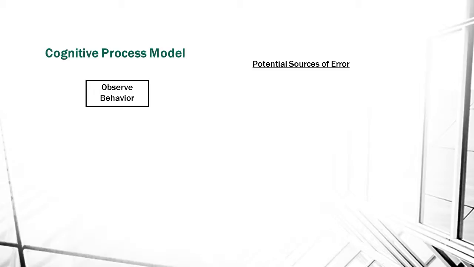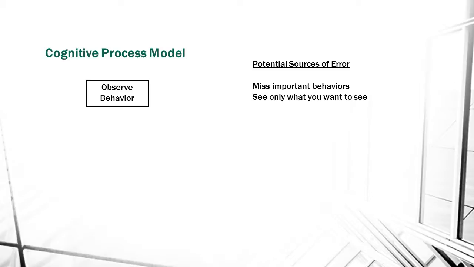So I want to talk through a model that we often use that describes the cognitive process a rater has to go through. At each step in this process, there are potential things that could come in and interfere with the accuracy of their judgment. So the first step in the process is that in order to rate behavior, the rater has to observe it.